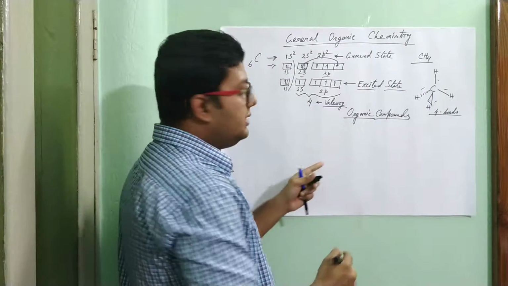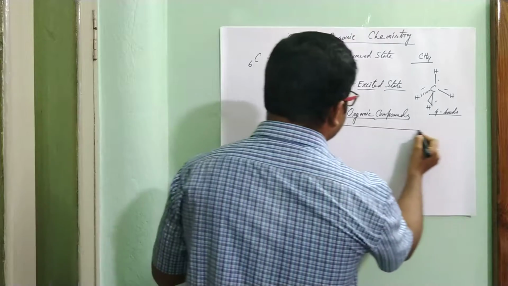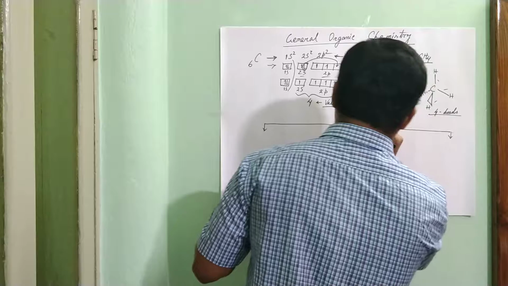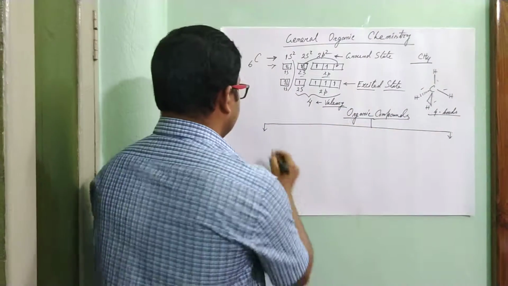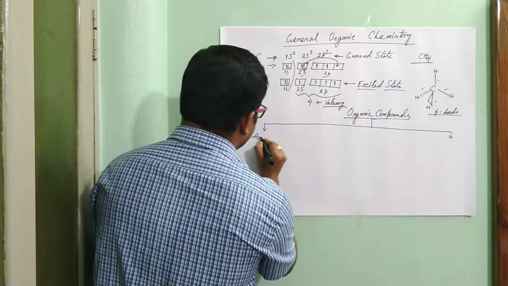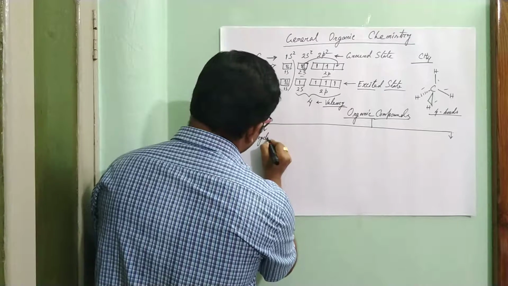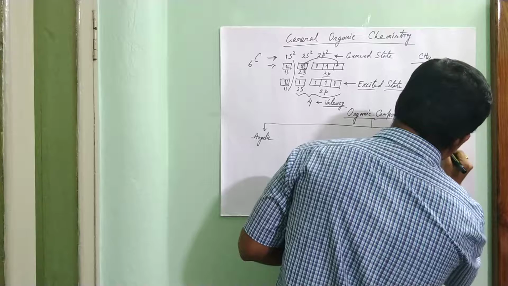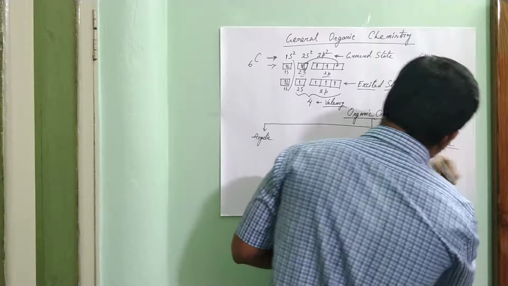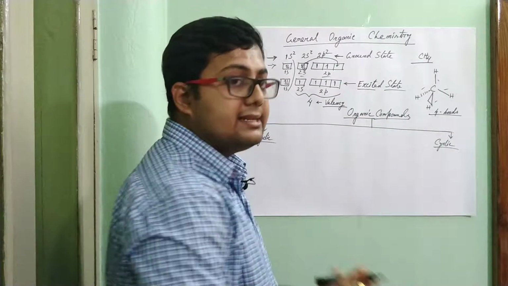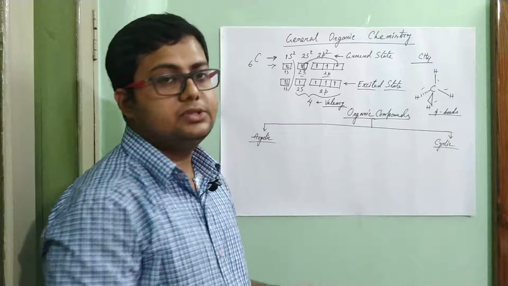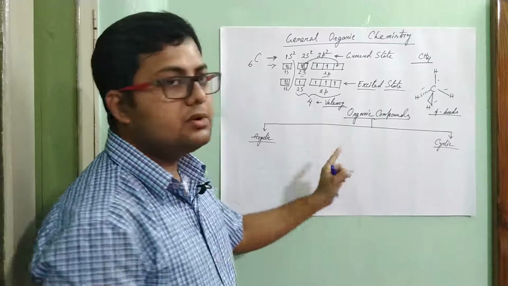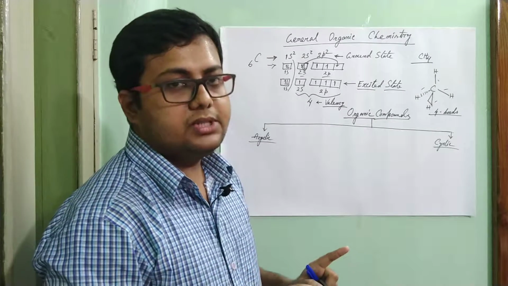The first two categories would be acyclic and cyclic. What is an acyclic compound? It is a long chain. No cycle is there, no ring formation is there, just a normal simple long chain structure.